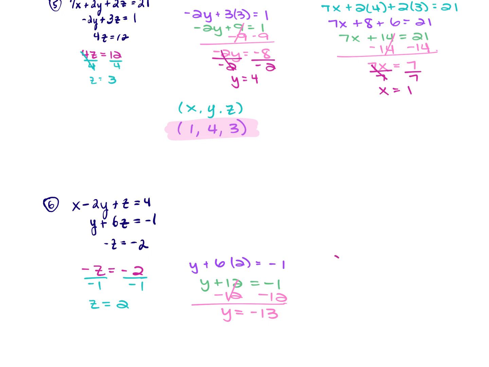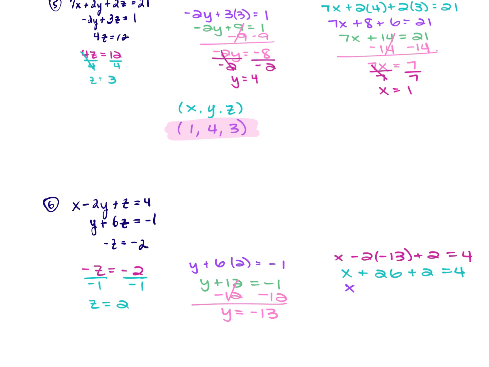Then find x. x minus 2 times negative 13 plus 2 is equal to 4. The negative 2 times negative 13 is 26. So x plus 26 plus 2 is equal to 4. Add your 26 and your 2.